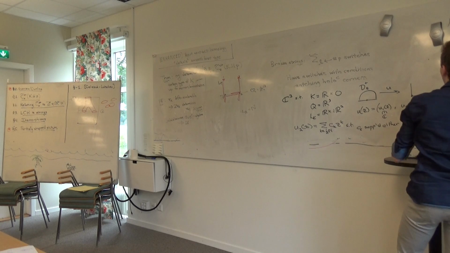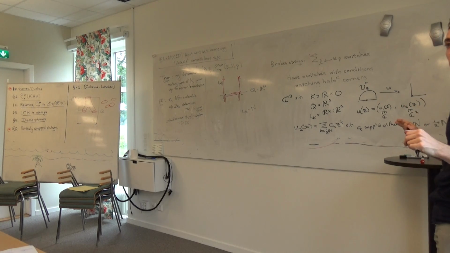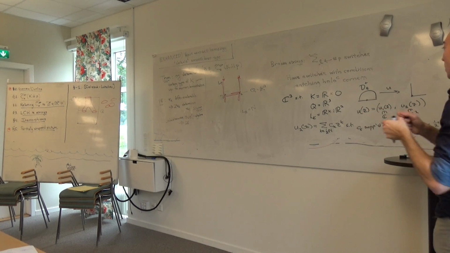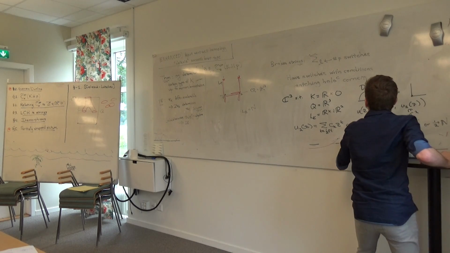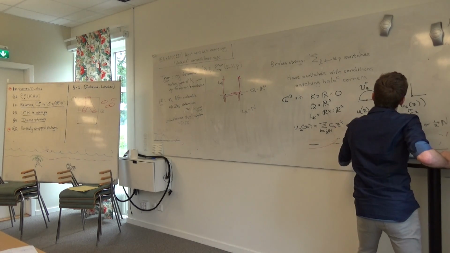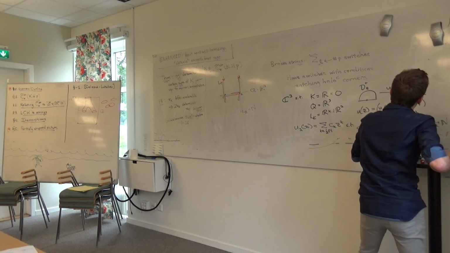So either the k's such that ck are non-zero are all integers or they're all half integers, and they're all either real or imaginary.